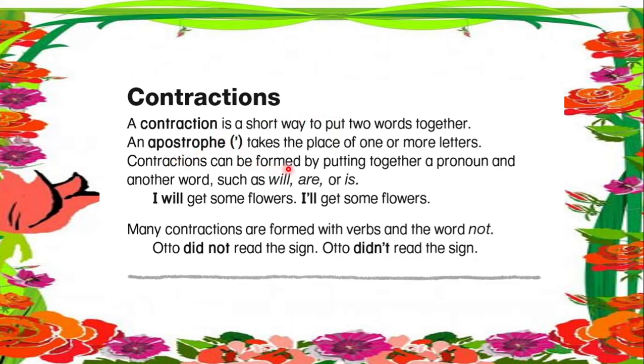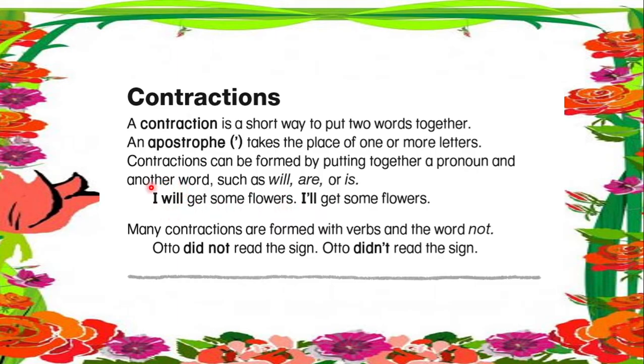Contractions can be formed by putting together a pronoun. A pronoun, you know what pronouns are. I, she, he, they. And another word such as will, are, or is. So you take the pronoun and the other word, which can be will, for example, I will get some flowers.